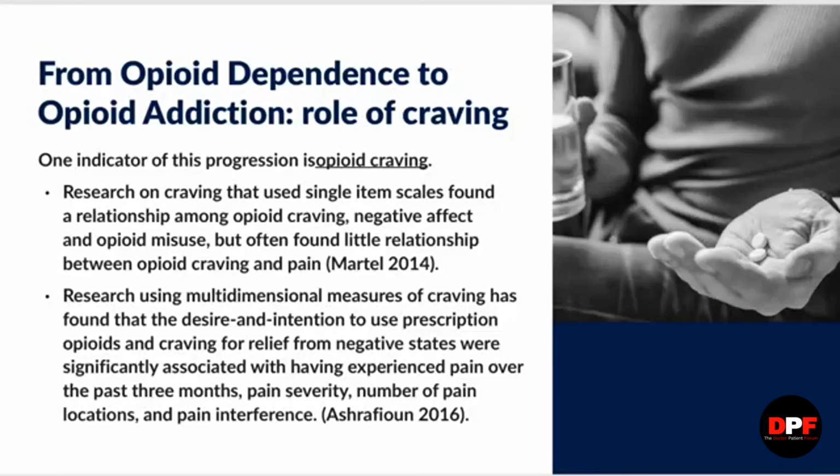One indicator of this progression to opioid use disorder is craving. Research on craving that used single item scales found a relationship among craving, negative affect, and opioid misuse. Research using multi-dimensional measures of craving has found that the desire and intention to use prescription opioids and craving for relief from negative states like pain were significantly associated with having experienced pain over the past 3 months, pain severity, and number of pain locations and pain interference.